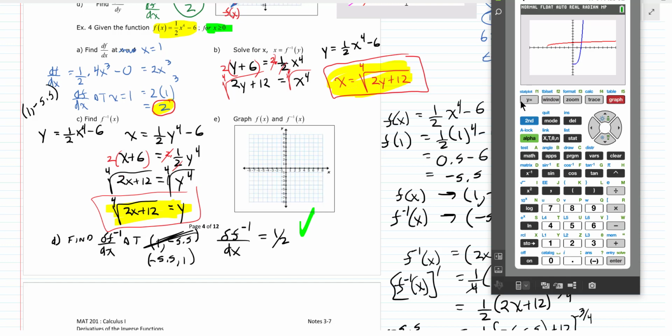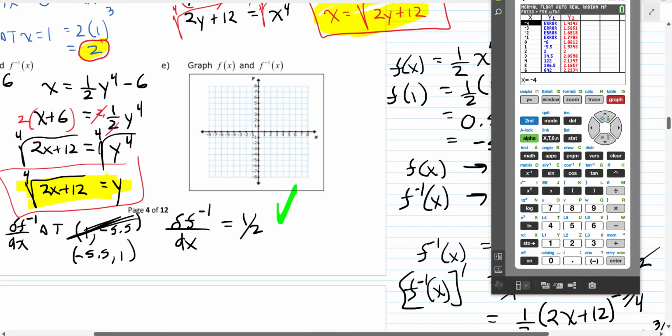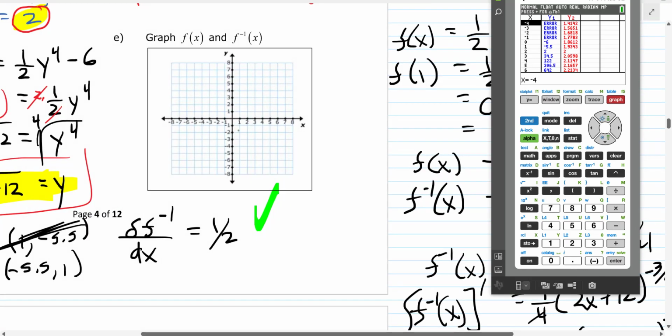So let's go ahead and look at our table of values, and let's find a couple of points. We know we have the point 1, negative 5.5. Let me zoom in on this so you can see a little bit better. 1, negative 5.5, and I'm going to label that point right there. Then on the inverse, we would have negative 5.5, 1.